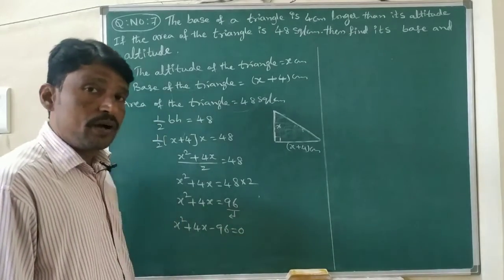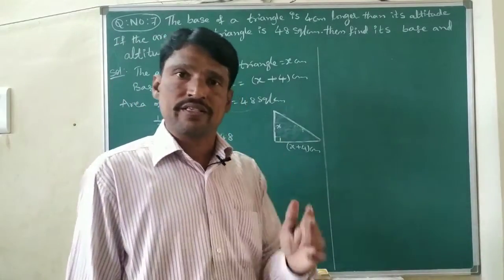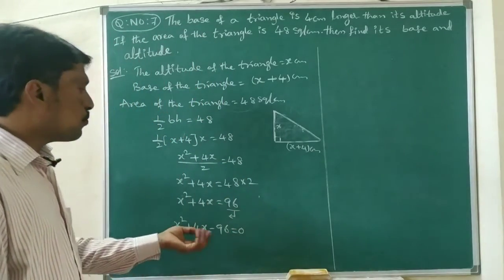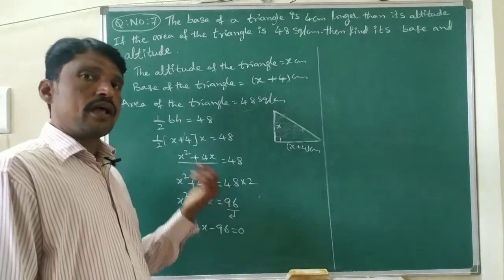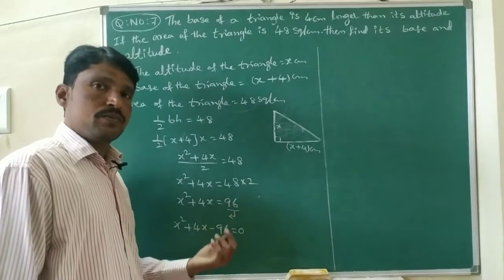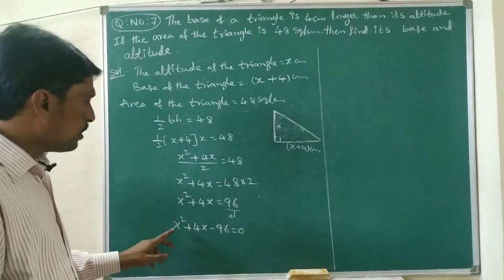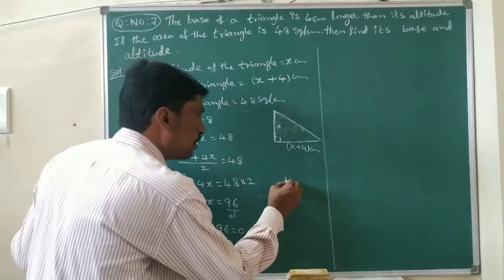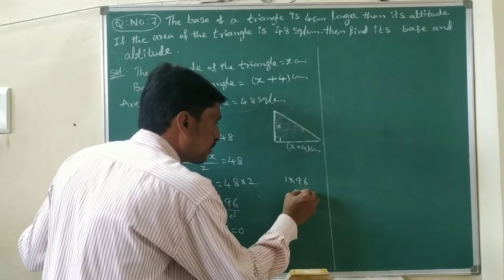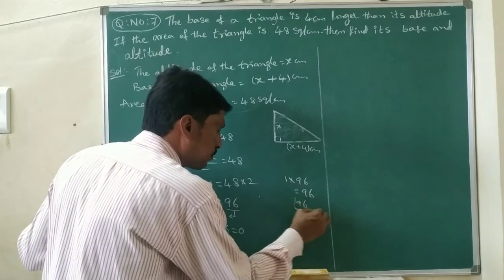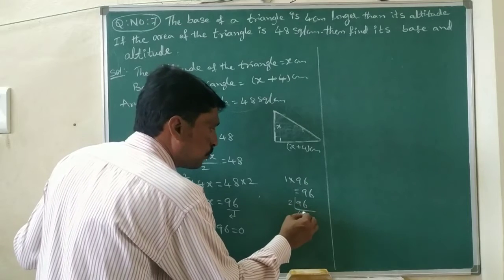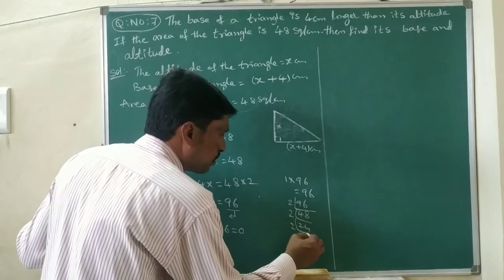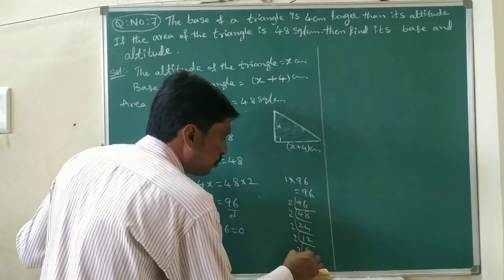It is of the form ax square plus bx plus c equals 0, which means it is a quadratic equation. So we need to find the factors. I am using the factorization method. Coefficient of x square is 1, constant term is 96. 1 into 96 gives 96. We need to write 96 as a product of factors: 1 and 96, 2 and 48, 3 and 32, 4 and 24, 6 and 16, 8 and 12.